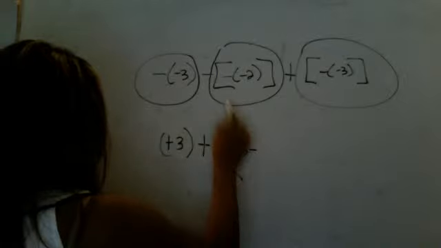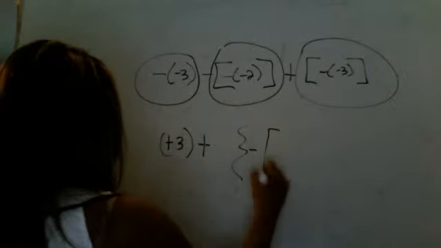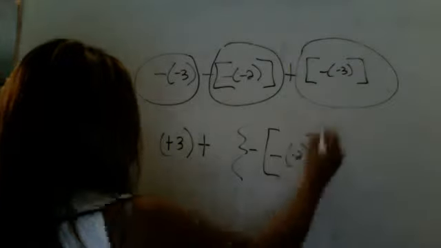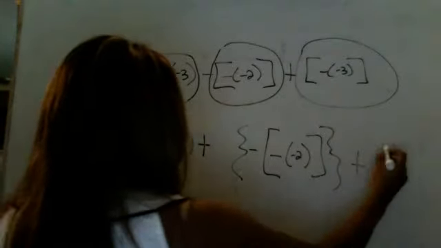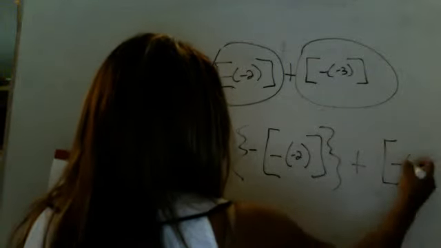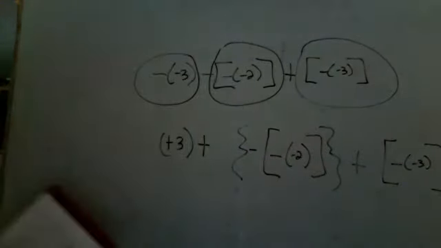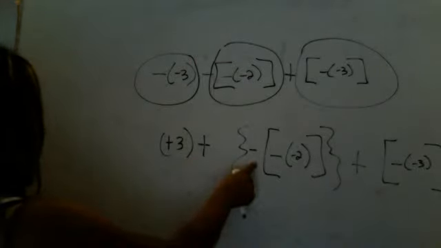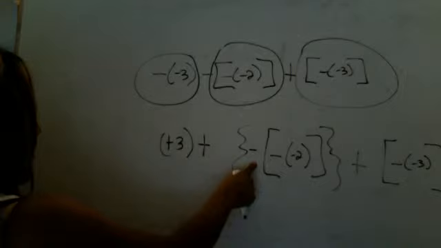Then I go bracket negative, negative 2, bracket, braces, plus. Because I have this negative here, I had to put it with this. It goes to this number to change that to positive.